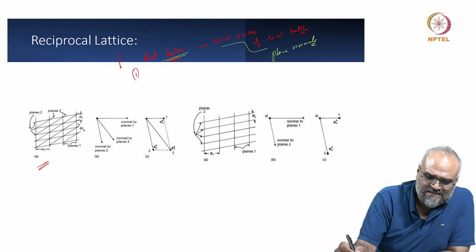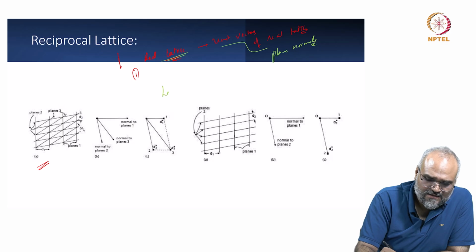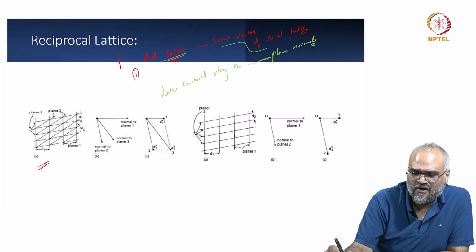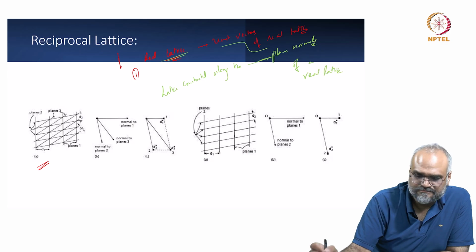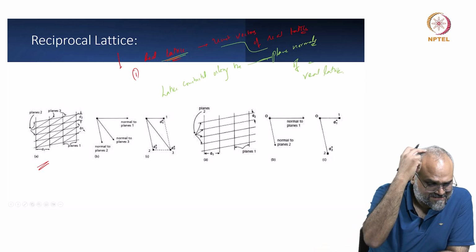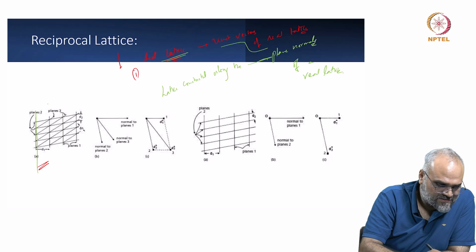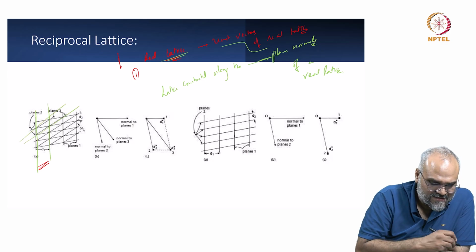we define reciprocal lattice as the lattice constructed along the plane normals of a real lattice. So, let us say I have a set of planes 2 and 3 here.